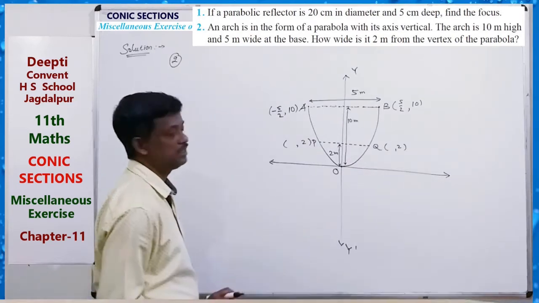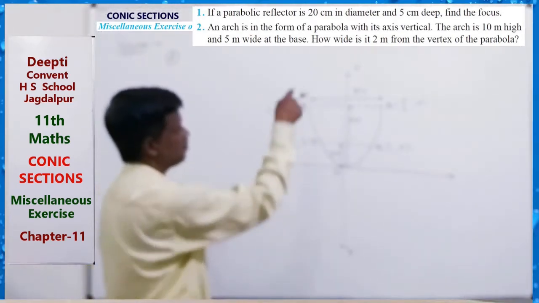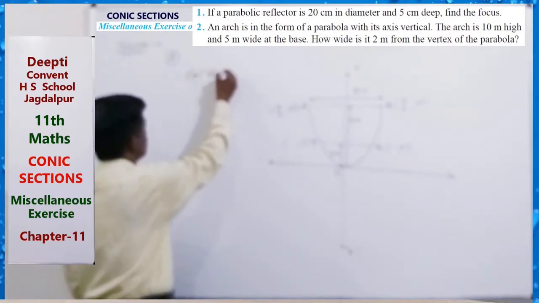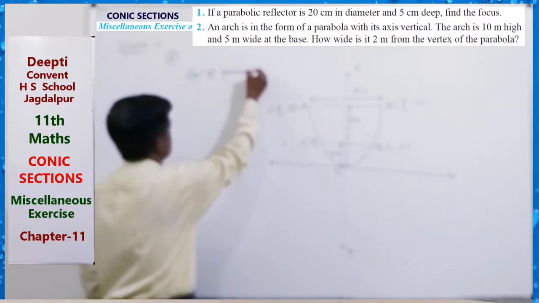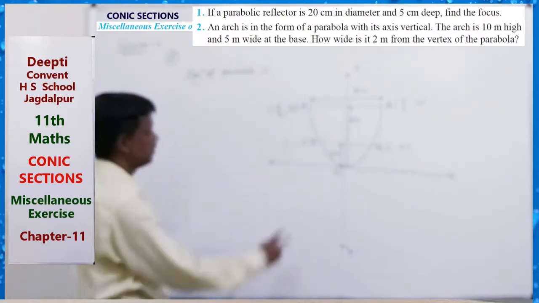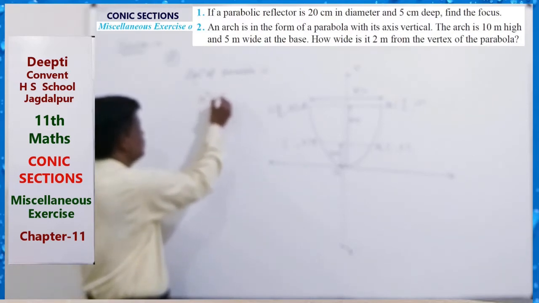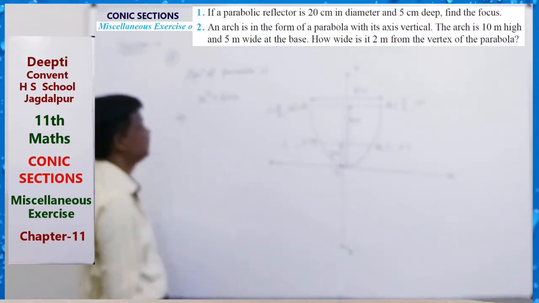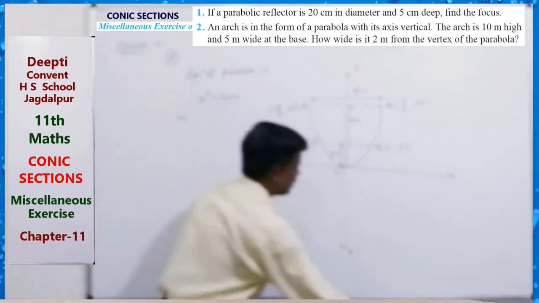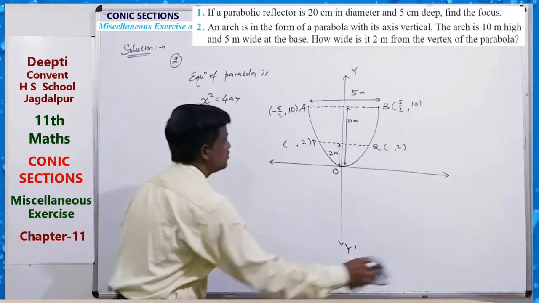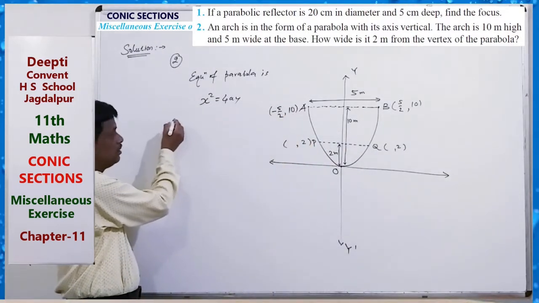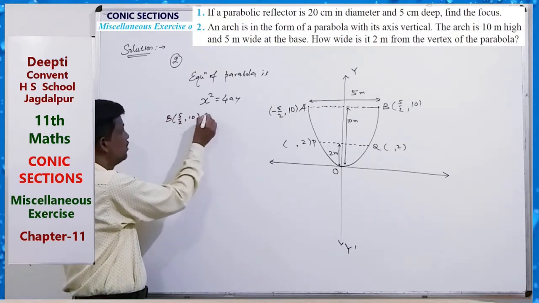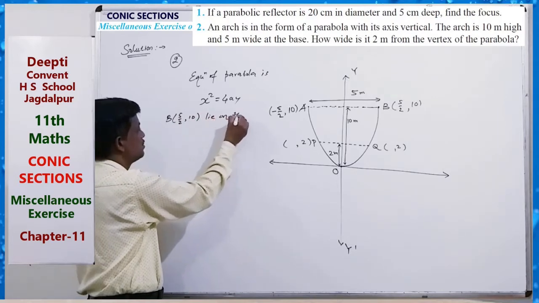So here we see that (5/2, 10) lies on this parabola. So the equation of the parabola is what? x square equals 4ay. So we can write (5/2, 10), that is B, lies on this.